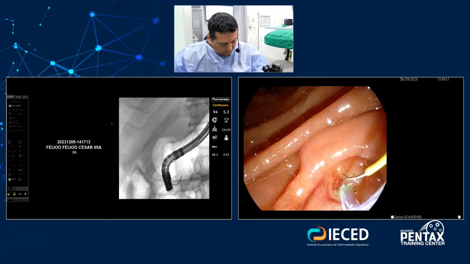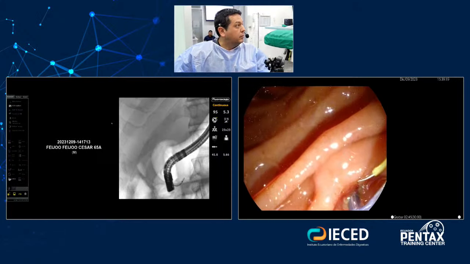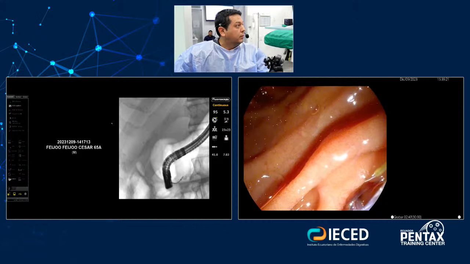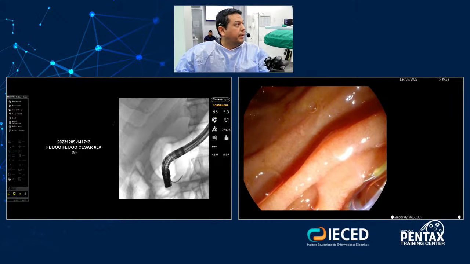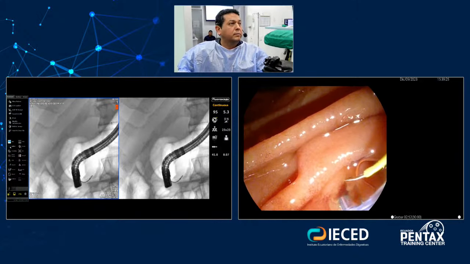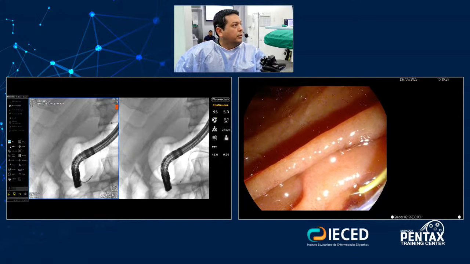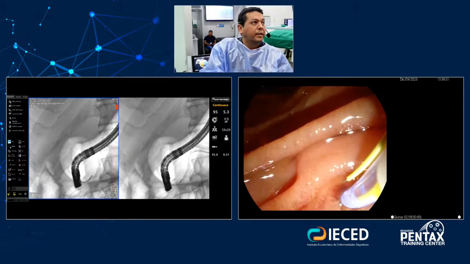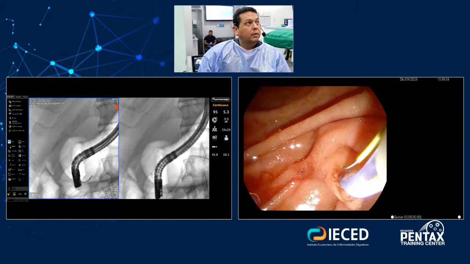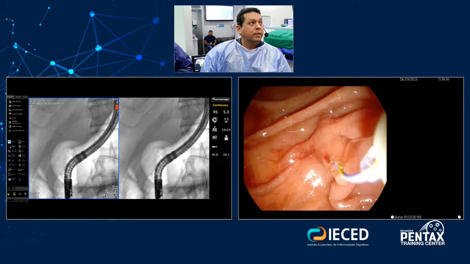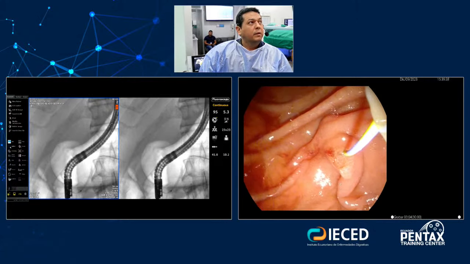So let's see. Okay, this is the main pancreatic duct. What I will do is leave a guide wire there, and then I will use a second guide wire. Give me another one from here.